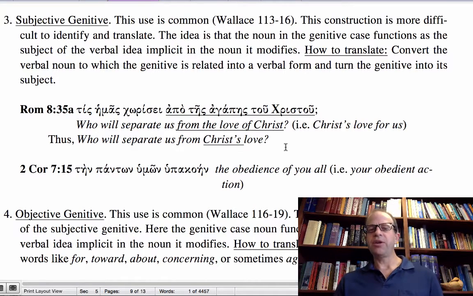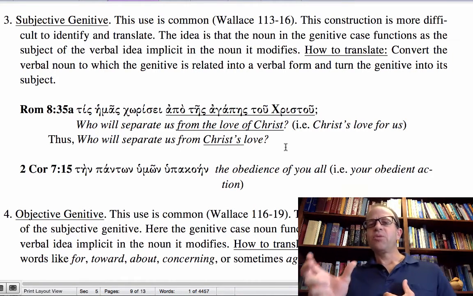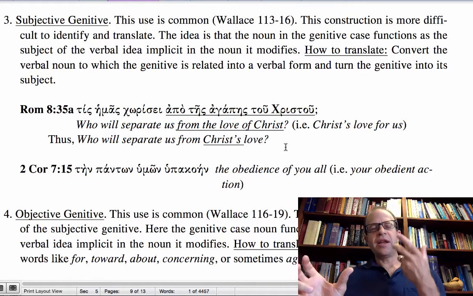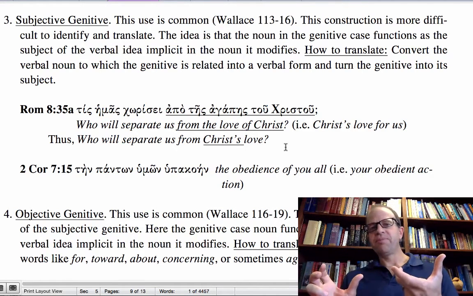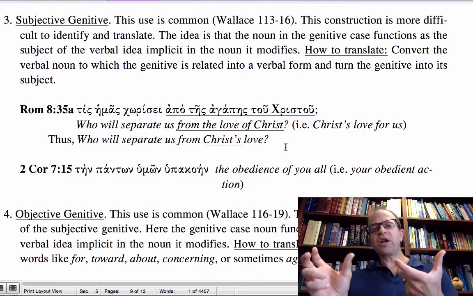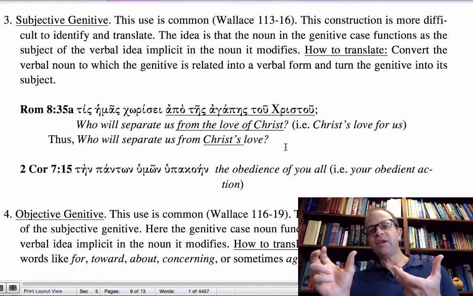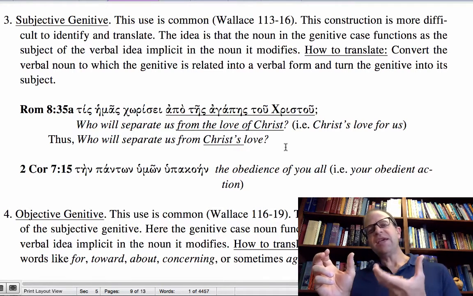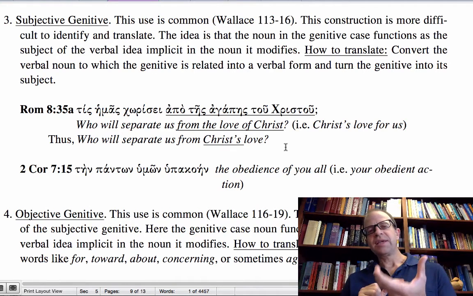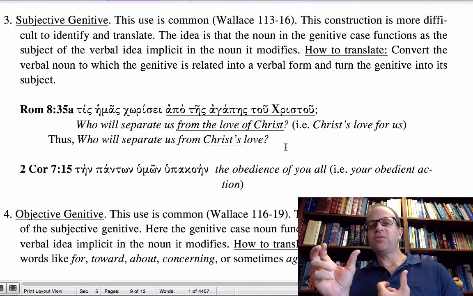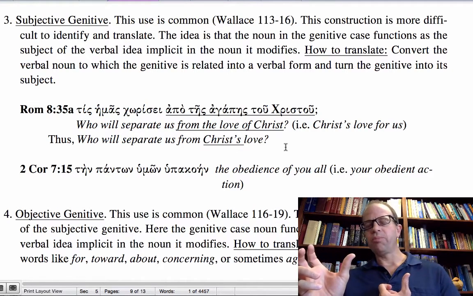So in this example here, the love of Christ, well, the love is the head noun and of Christ is the genitive. Well, aren't we talking about Christ's loving of us? In this case, then, the genitive noun is acting like the subject, really, of the idea of the head noun, which is more verbal.